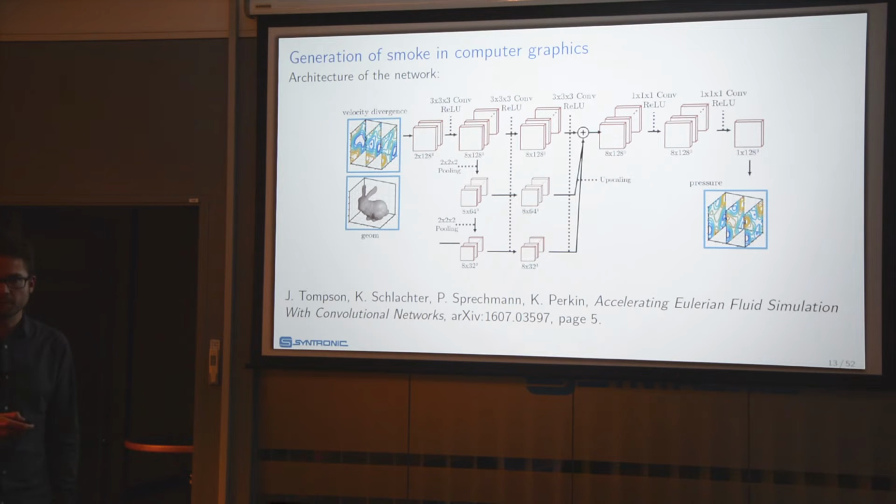And this is the architecture of the network. So here is the velocity divergence, and then this is a binary occupancy grid. So it's a 1 if there is a rabbit in a cell, and it's 0 if it's just air. So it's a kind of point space? Yes, it's discretized.